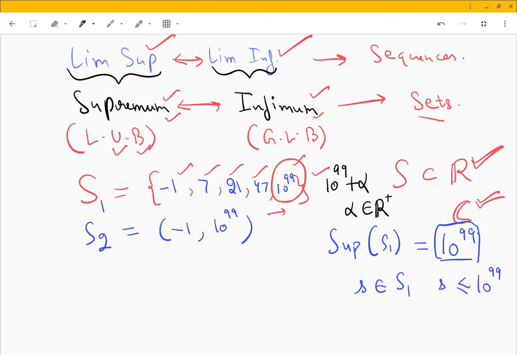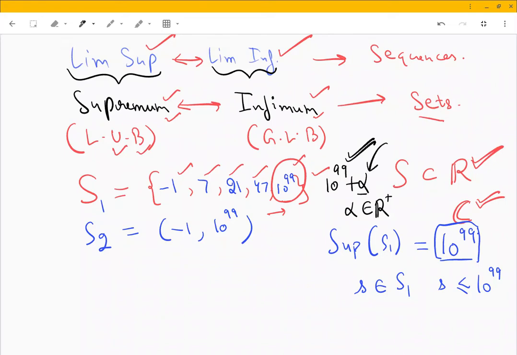Not even zero. Yeah. Any positive real number, as small as you please. If you add that, it will be more than 10 to the power 99, and it will also be a bound on this set. No elements of the set would exceed this no matter what alpha you take.